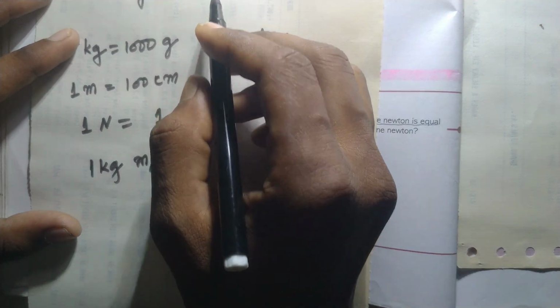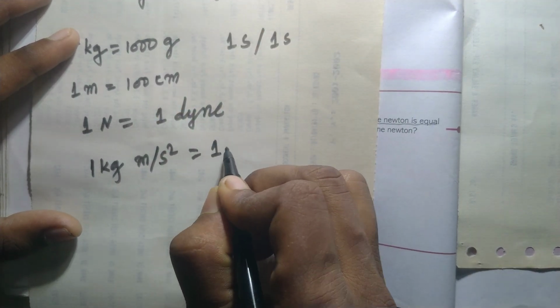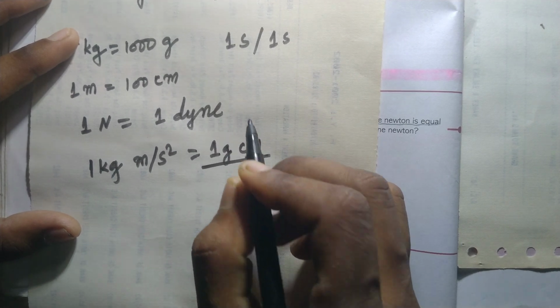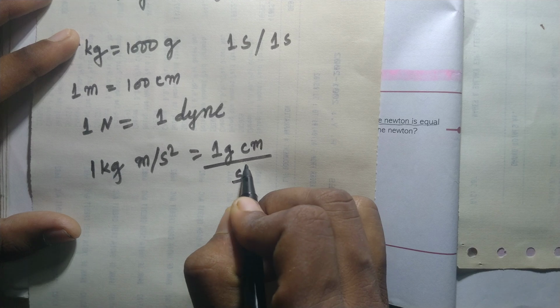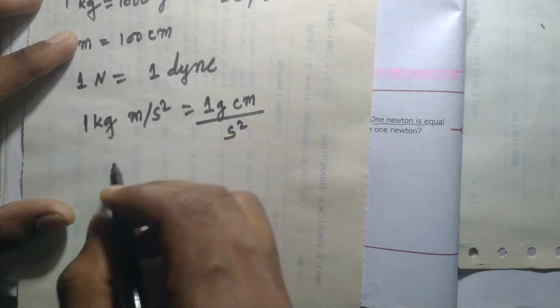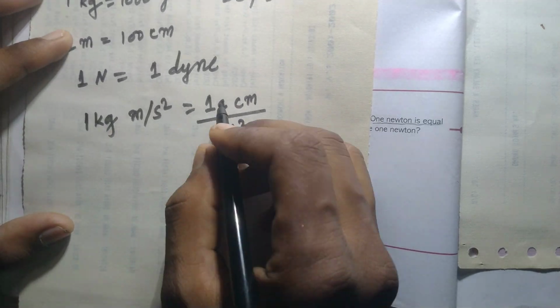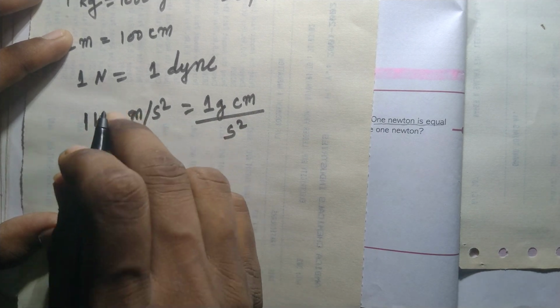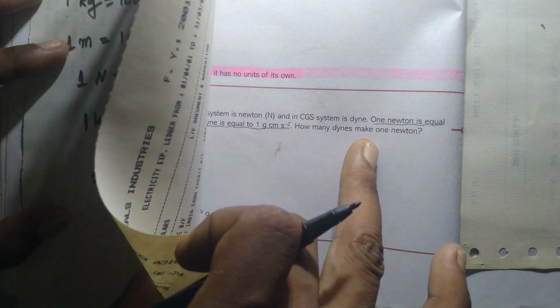Next, 1 dyne equals 1 gram centimeter upon second square. Here we convert into Newtons. 1 Newton, how many dyne make 1 unit?